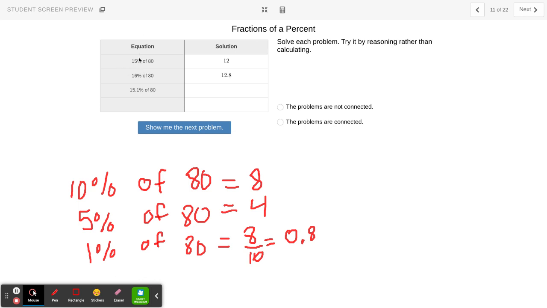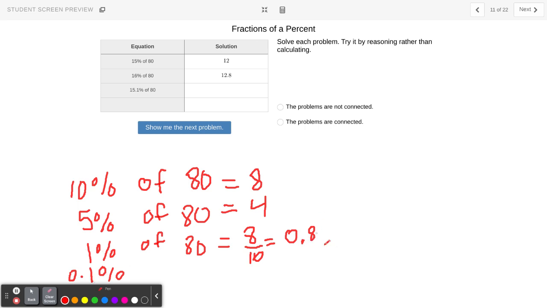Okay. And then, so again, here we go. We already know 15%. So finding 15.1% is going to be a little bit easier. So again, if we know what 1% is, we need to figure out what 0.1% is, right? So 0.1%. And how do you go from 1 to 0.1? Well, you divide by 10.